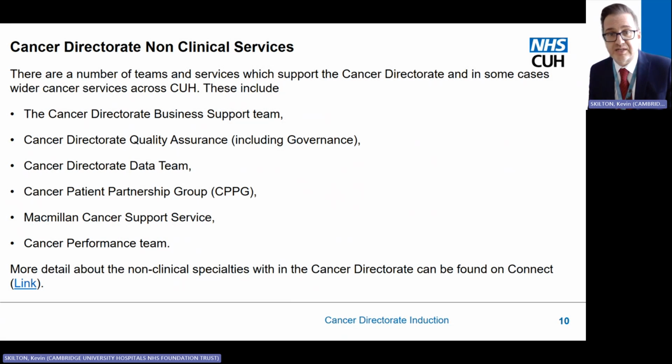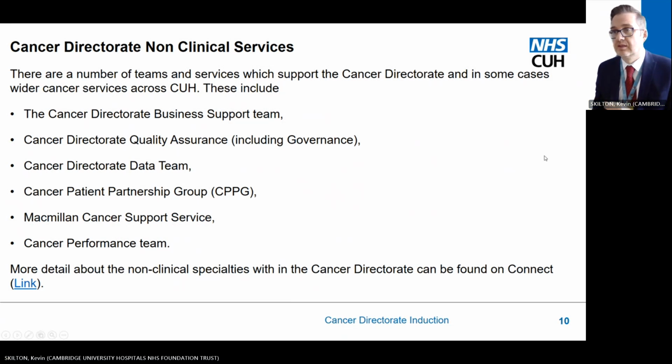They also manage our accreditations and audits, and we also have a governance manager who will support the specialties in managing risks and incidents, etc. We've also got a directorate data team and something called the Cancer Patient Partnership Group, which I'll come to later, the Cancer Support Service, and the Cancer Performance Team that look at waiting times and tracking and MDTs for patients across the trust.